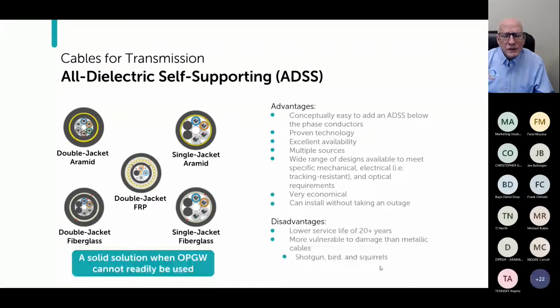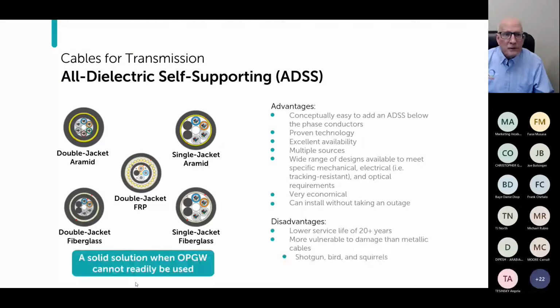But the nature of a plastic cable in an aerial environment is that it's organic chemistry, so it doesn't like UV. So it's going to have, all else being equal, a more limited lifespan than OPGW. But it's a solid solution when OPGW cannot readily be used.